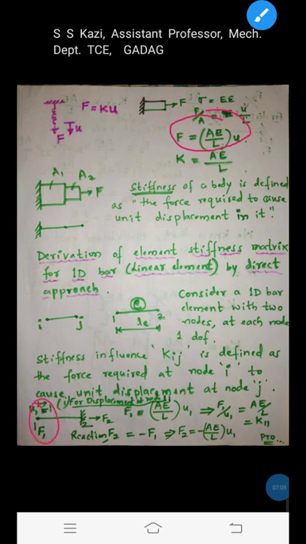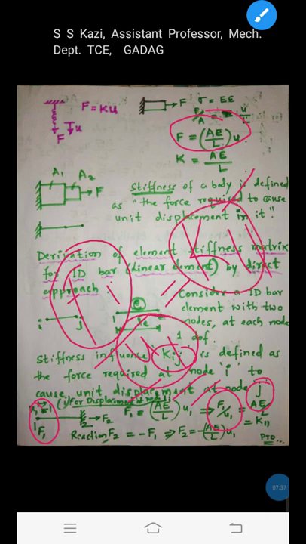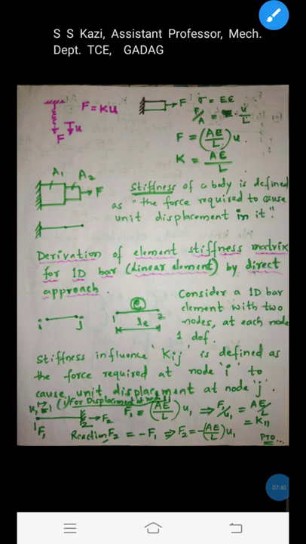Due to applied force F1, unit displacement at node 1, we get F1 is equal to AE by L into U1, so F1 by U1 is equal to AE by L. What is this F1 by U1? From the definition of the stiffness influence Kij, it is K11, the force needed at node 1 to cause unit displacement at node 1. So K11 is AE by L.